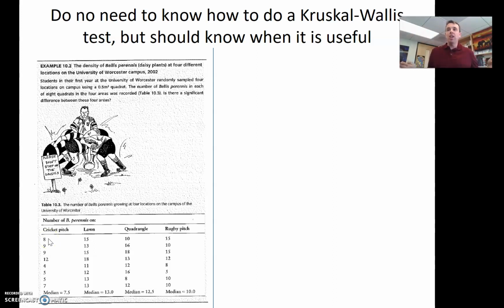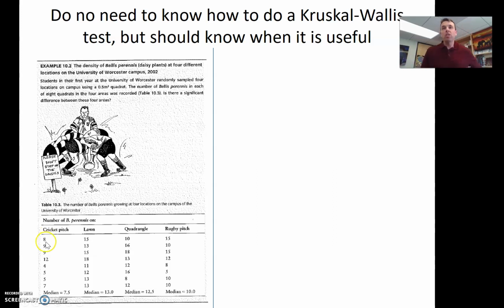So you have a defined area, and you're figuring out how many plants are in there. Well, you can't have 14.5 plants in there, right? You can't have 20.6 plants in there. It's non-continuous data, and if it's non-continuous data, by default it can't be parametric because you have to have interval data to be parametric.